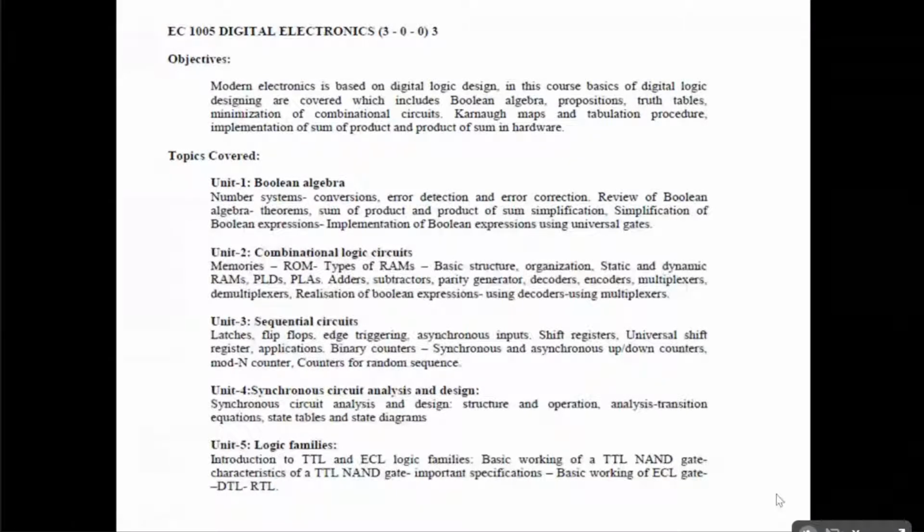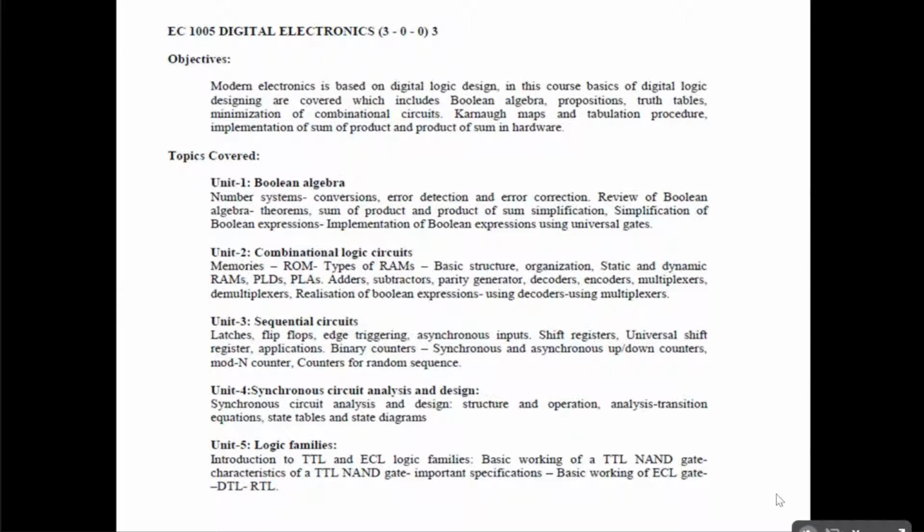So the clock pulse is being applied to all the adders, that is synchronous circuit. Then next one is asynchronous circuit. In this circuit, the clock pulse is applied to first circuit, that is first adder, and the output from first adder is being applied to second adder. So that is asynchronous circuit. We will discuss more in 4th unit about this.